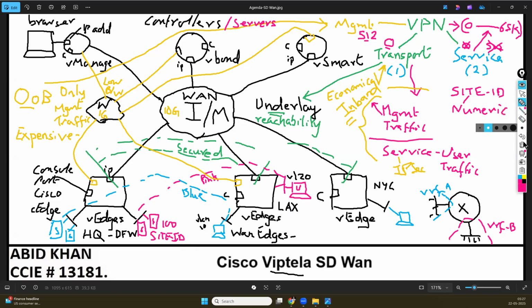Or rather, instead of writing it over here, because site ID is for the device, I can write it here, because it is not related to any interface.